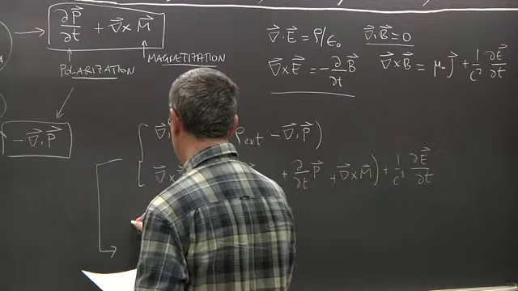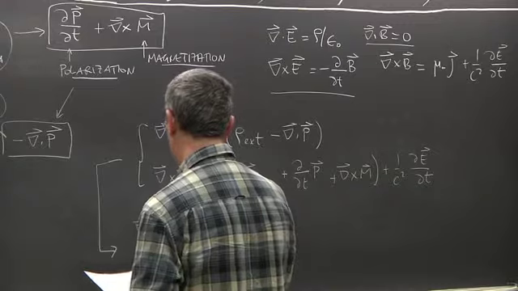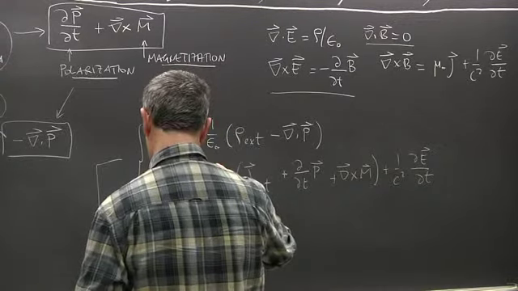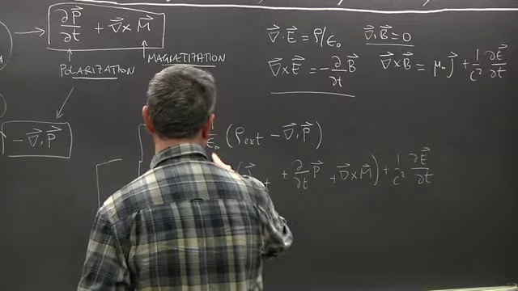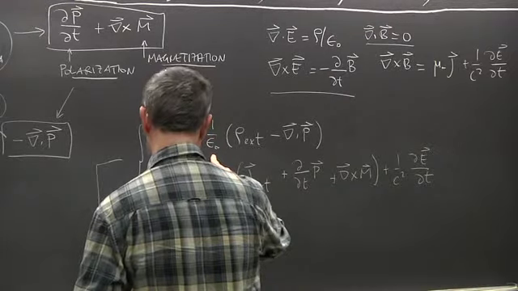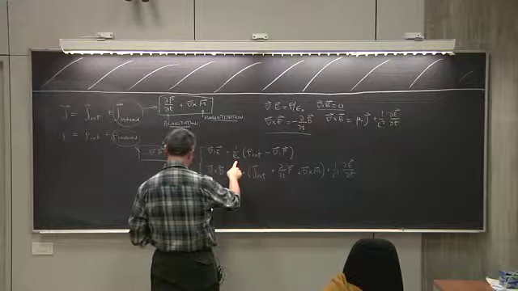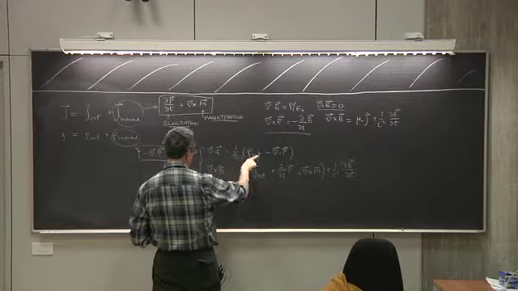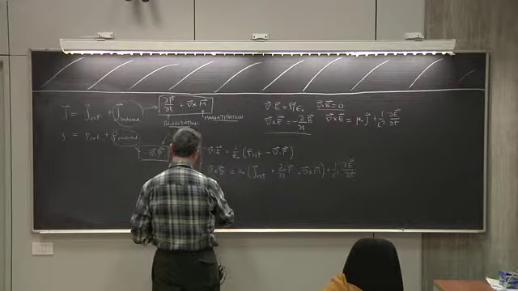That is, if I write the divergence of, maybe it's nicer to multiply everything by epsilon naught.